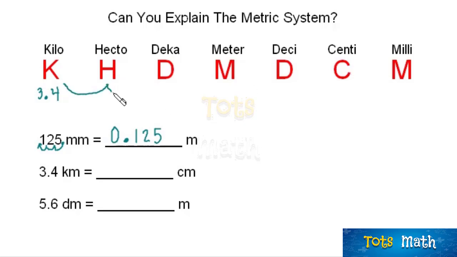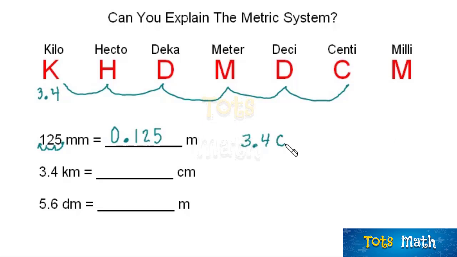And that's 1, 2, 3, 4, 5. So that's 5 jumps. That means we have to move our decimal 5 places. Now, do we move to the left or to the right? Well, we jumped toward the right, so we should move our decimal to the right.